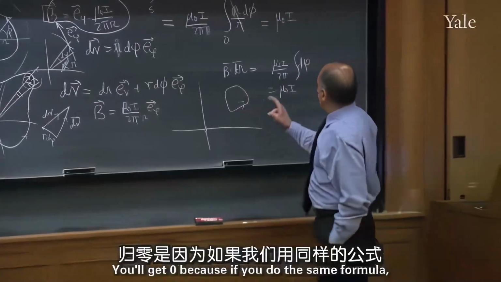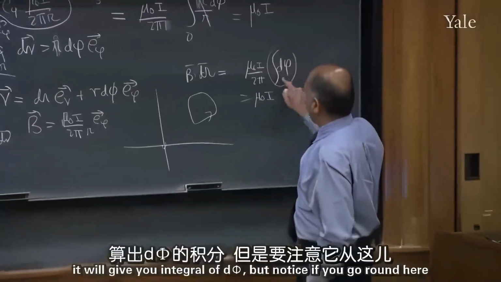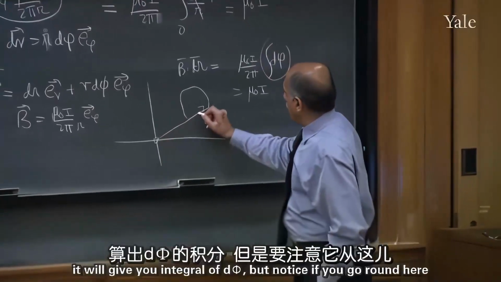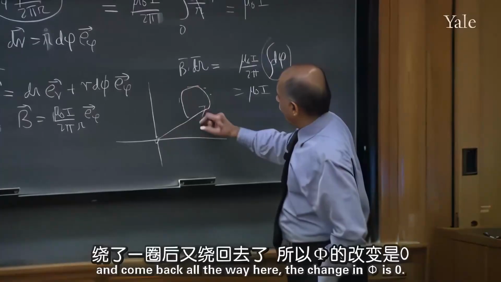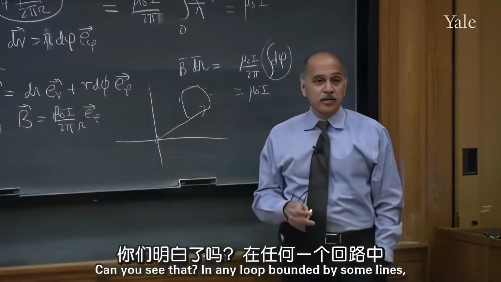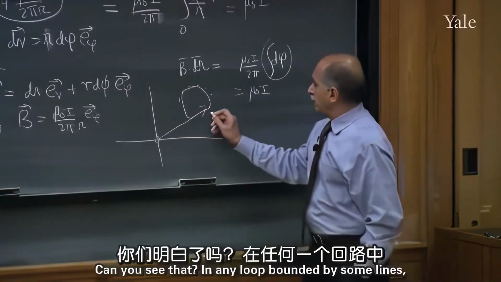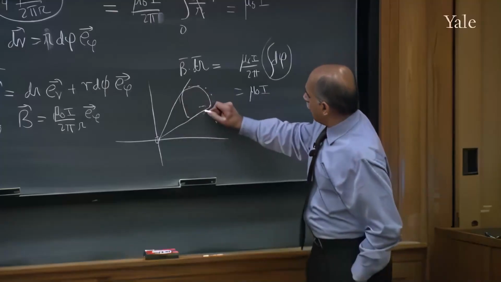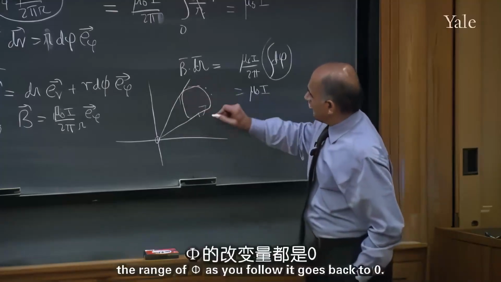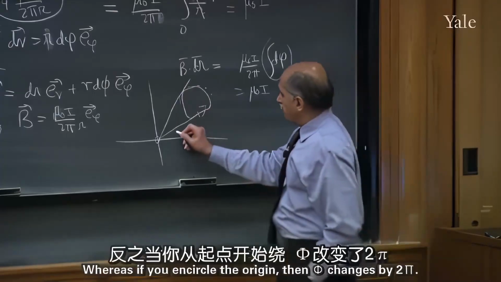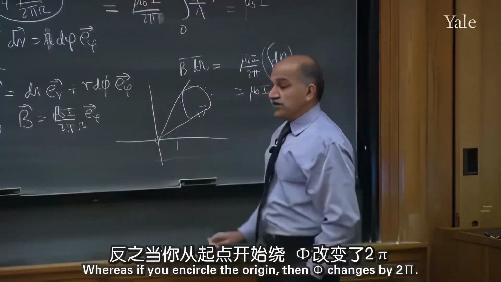You'll get 0 because if you do the same formula, it'll give you the integral of dphi, but notice that if you go around here and come back all the way here, the change in phi is 0. Can you see that? In any loop not enclosing the origin, the range of phi as you follow it goes back to 0. Whereas if you encircle the origin, phi changes by 2 pi.